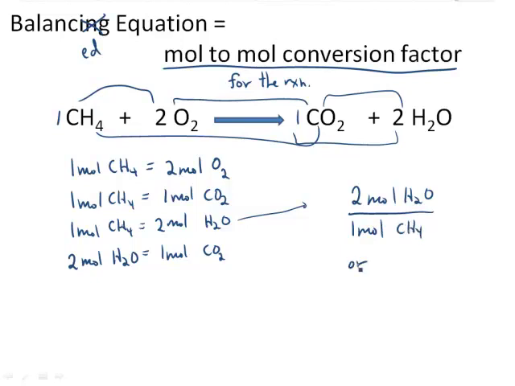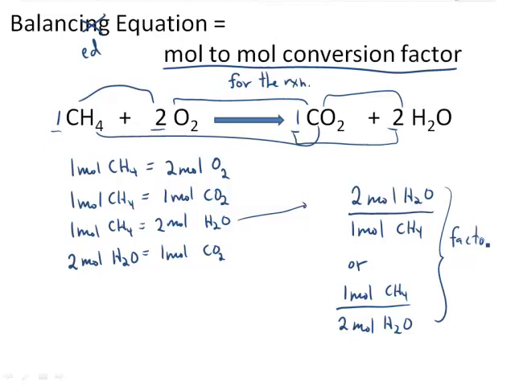Or, if you need to, you can use it upside down. 1 mole of CH4 is reacting for every 2 moles of H2O formed. So what you'll do is use these stoichiometric coefficients in pairs, any pair you like, to make stoichiometric factors. And the factors will be able to relate moles of one thing to moles of the other things.